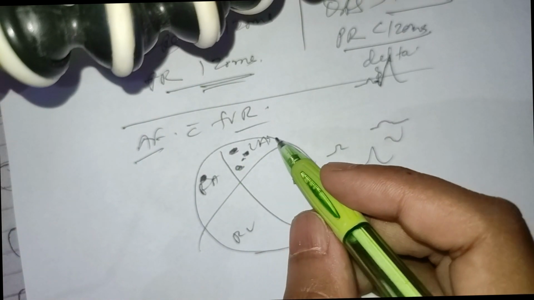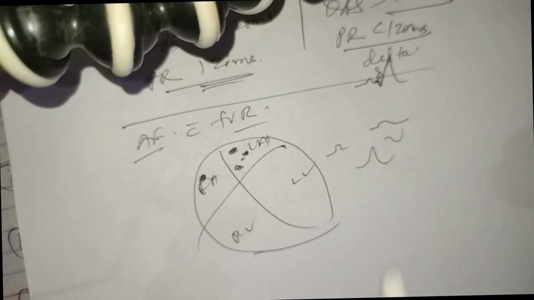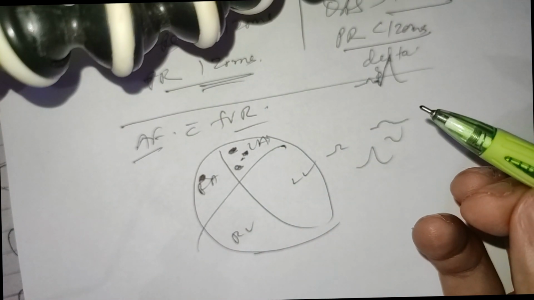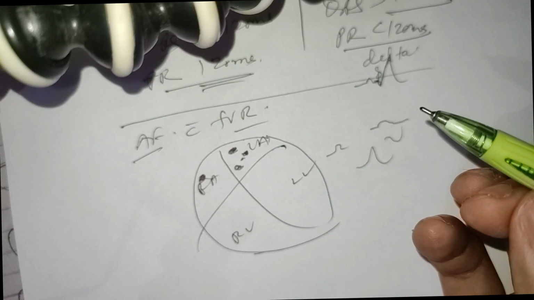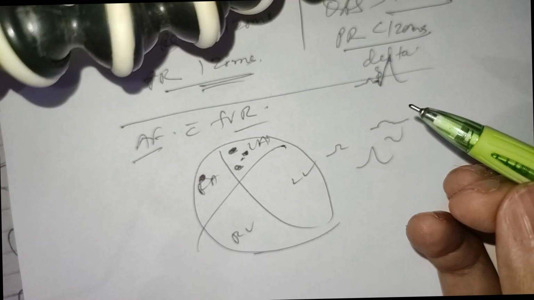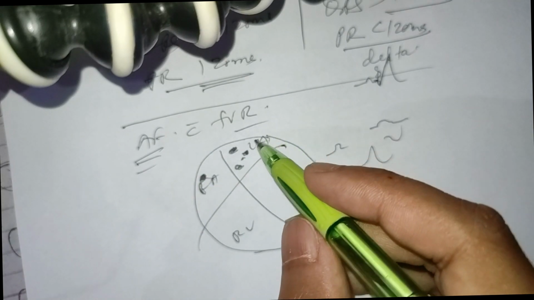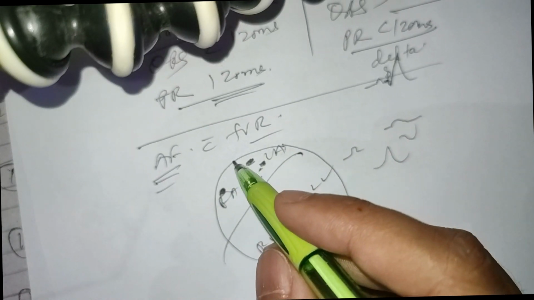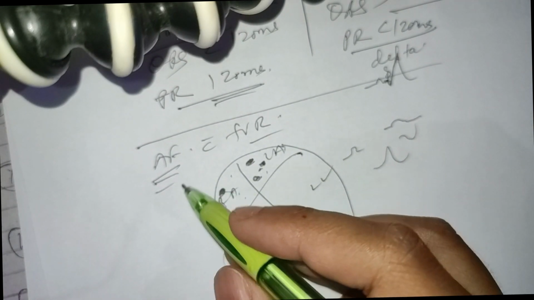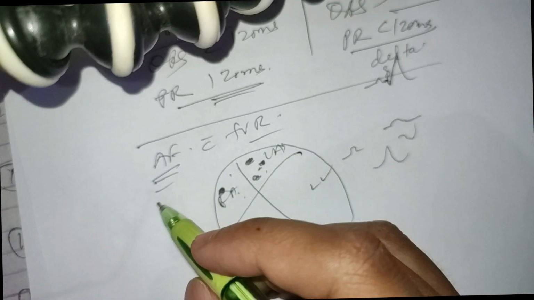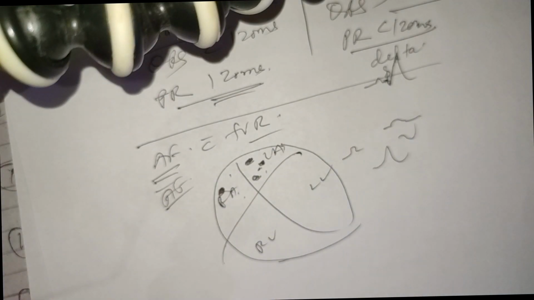So if there are different ectopic sites causing spontaneous electrical activity, that is called atrial flutter, right? And if there are multiple such ectopic foci, then that is called atrial fibrillation.